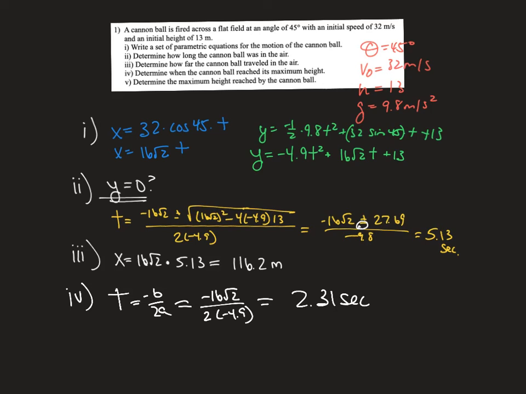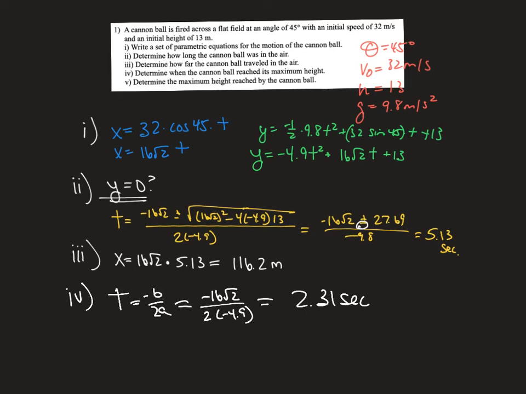If your initial height was indeed 0, then yes, you could take the time that it was in the air, cut it in half, and that would be the time that it took to reach your vertex. However, anytime you have an initial height that is not equal to 0, you can't do that.